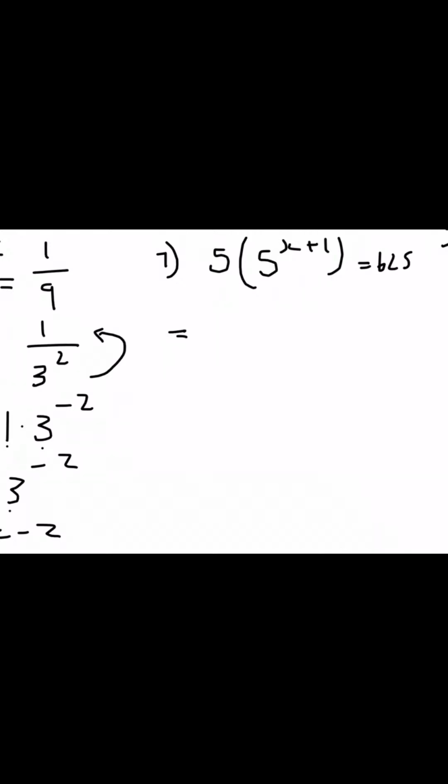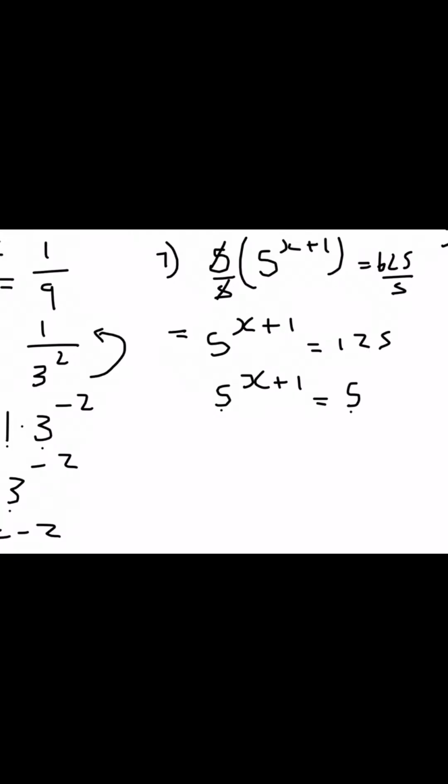Okay, first step, I want to remove that 5. That's why I'll divide both sides by that 5, so that it cancels, and then I remain with 5 to the exponent of that being equals to 625 divided by 5. It is 125, and I think I've done 125 before, where I just have to now rewrite that as it is and say 5. Why 5?